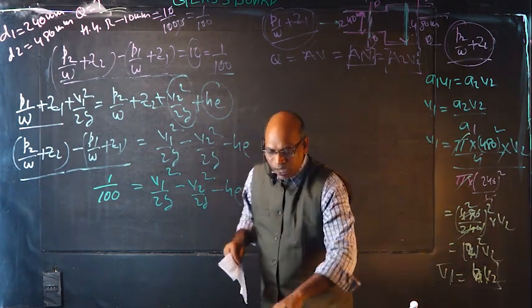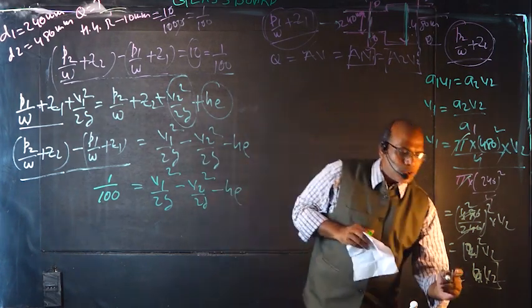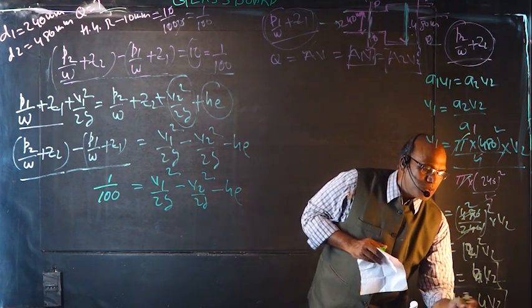The relation between the velocity at section 1-1 and the velocity at section 2-2 is V1 equal to 4V2. This is the relation we have.